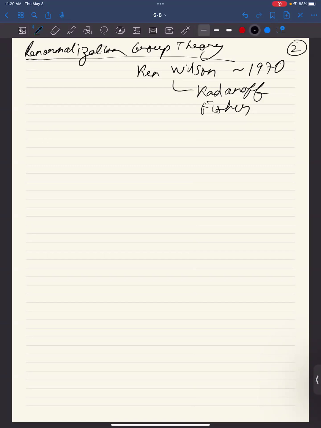So let's say we have a 1D Ising model where I have some spins arranged along a 1D lattice that looks like this. Let's call this S1, S2, S3, S4, S5, dot, dot, dot. The idea is, I can look at everything one spin at a time.